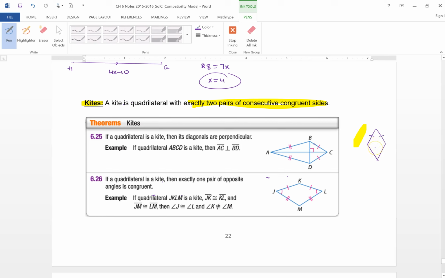Okay, so there are 4 sides to a kite. You take one, it's congruent to the one next to it, and then you take another one, it's congruent to the one next to it. They can be congruent if I take this kite and turn it around, then they would be.